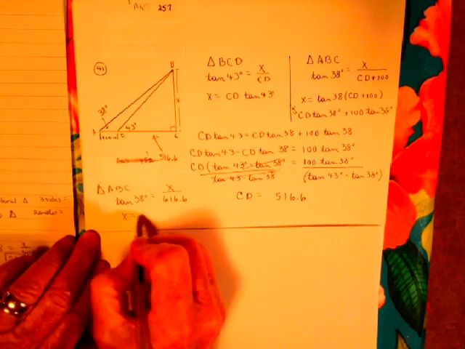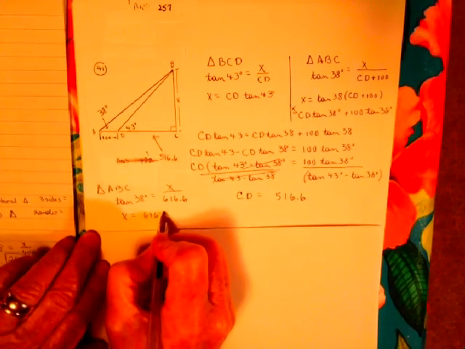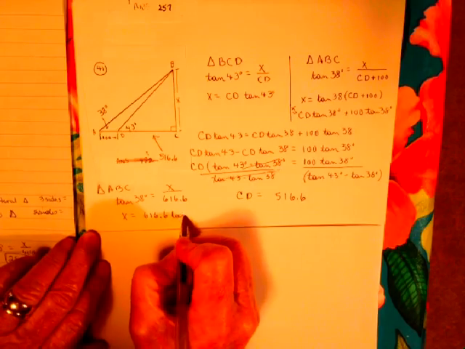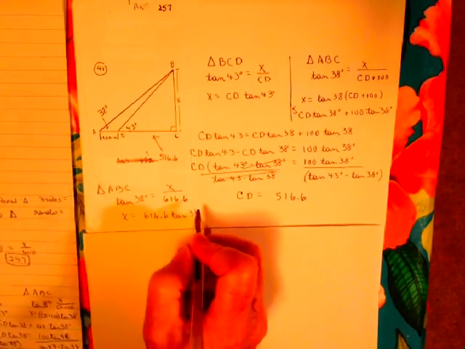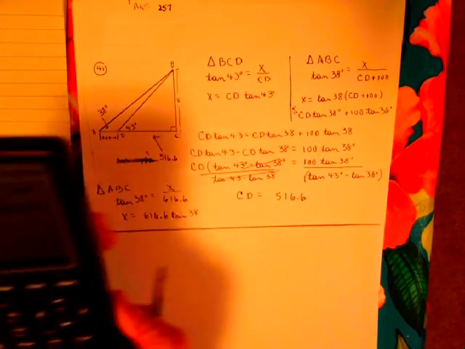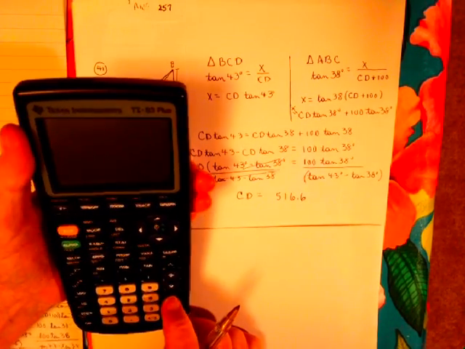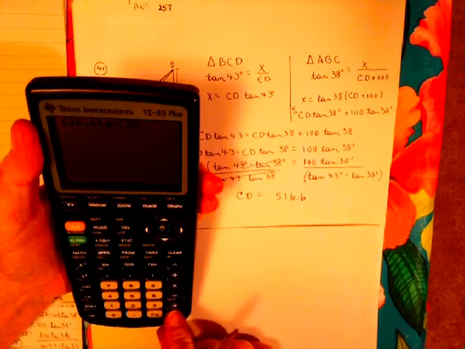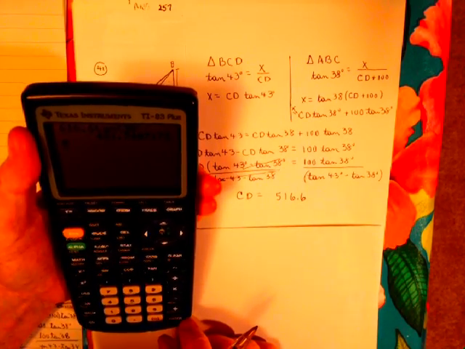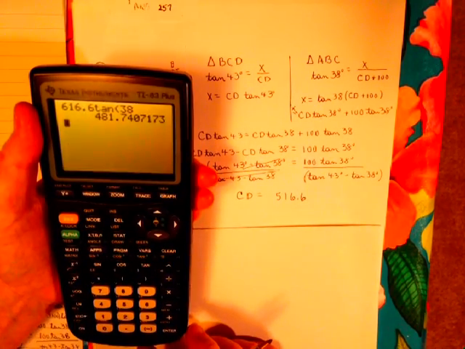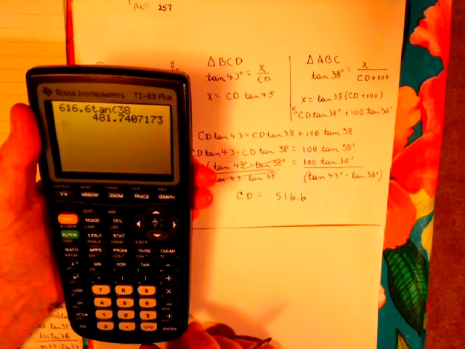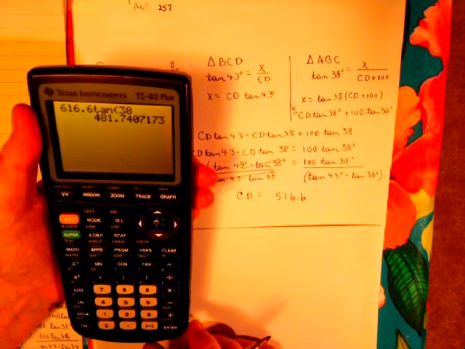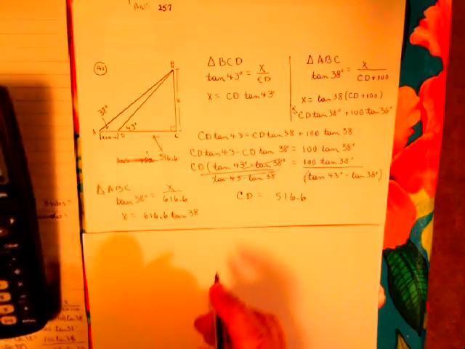X equals 616.6 times the tangent of 38. Round this to the nearest whole number, you get 482.